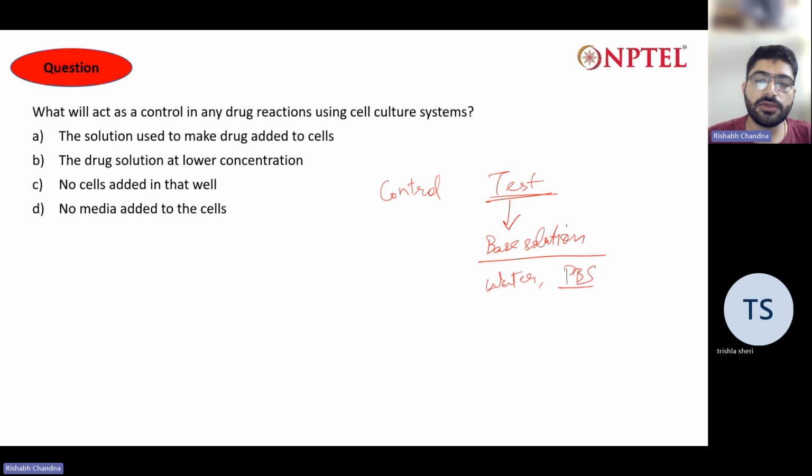So we use any of these things for dissolving any drug solution or any enzyme solution that we are testing. So this will act as a base solution. Now, when we treat any cell with any of these drugs, they have dual effect: first of the drug and second of the base solution.